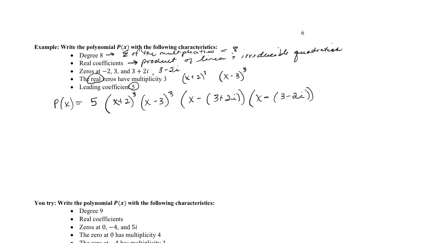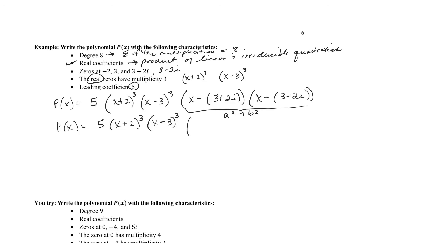Now, I'm not done because I'm told that it has to have real coefficients. Right now I have imaginary numbers. So I've got to convert this into a product of linear and irreducible quadratics. I'm going to simplify this and make it into an irreducible quadratic. So p of x equals 5 times (x plus 2) cubed times (x minus 3) cubed, and then this, of course, will be a squared plus b squared.